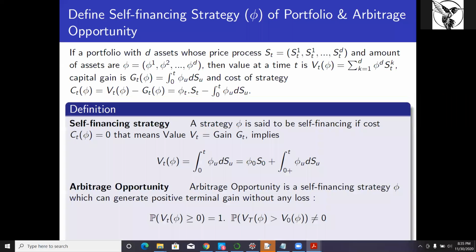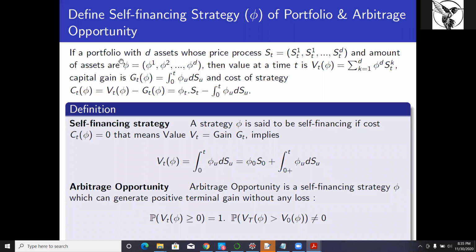Okay, so in the market, if I have a stock price, say with dynamics S_t. So say I have d number of assets, and the amount of assets is phi.